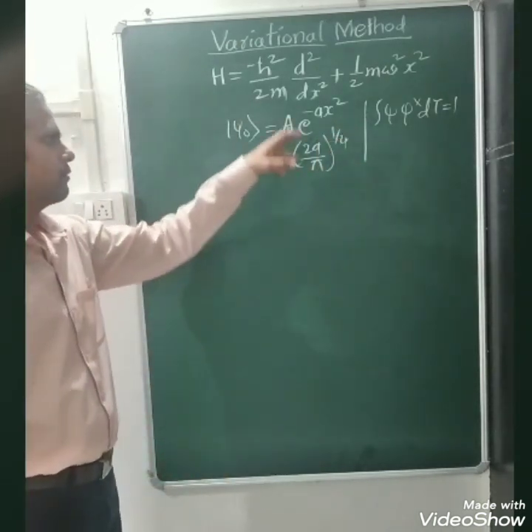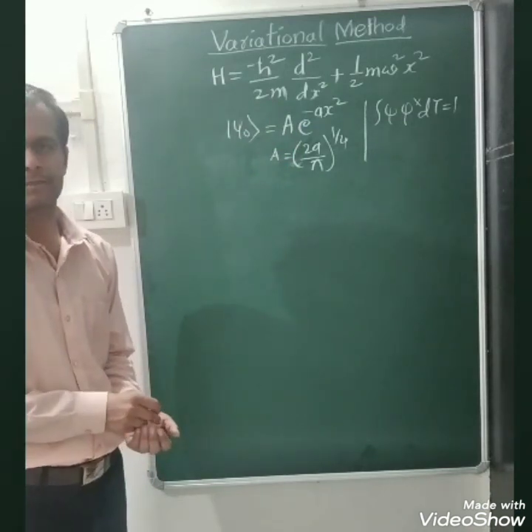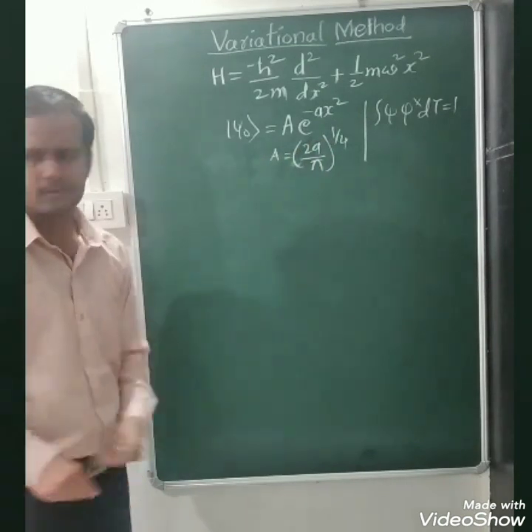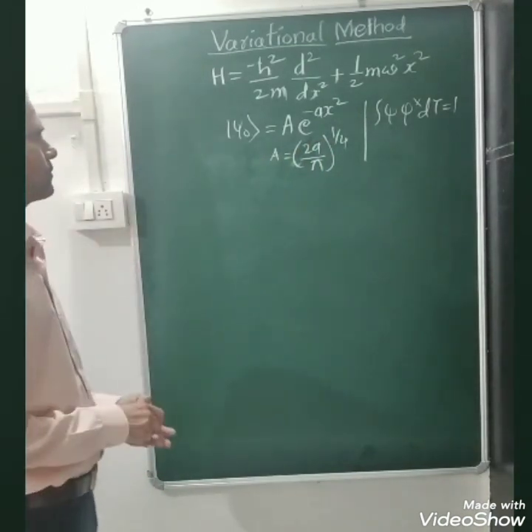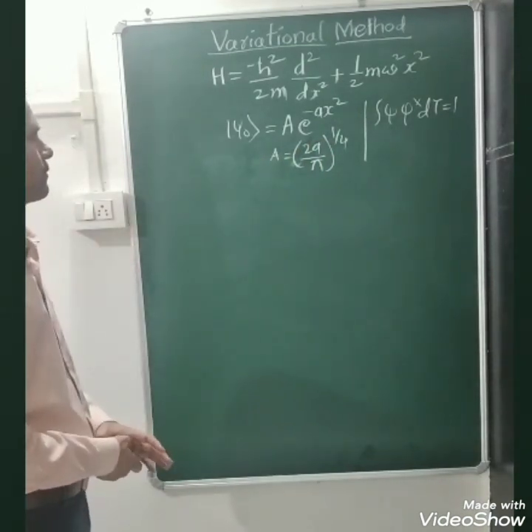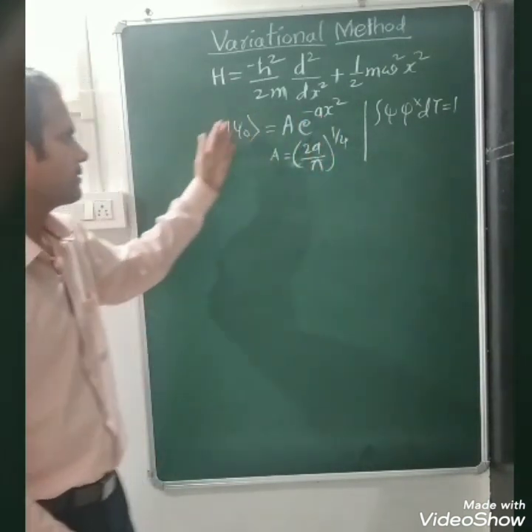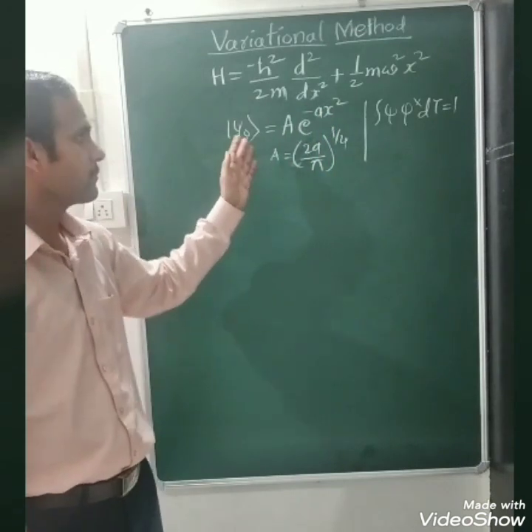This is the value of the normalization constant. So this is the first stage, that we guess a trial wave function.